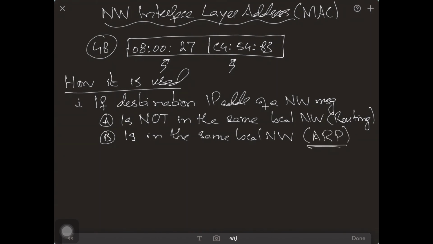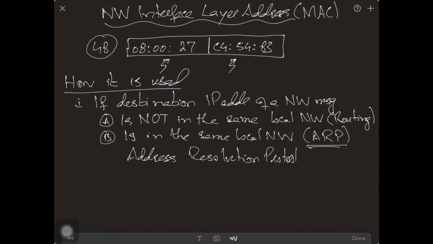What is ARP? ARP is Address Resolution Protocol. It is used to get the destination MAC address from the corresponding destination IP address.